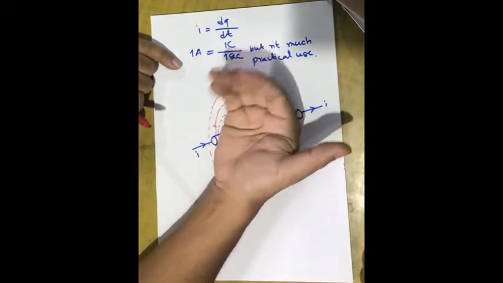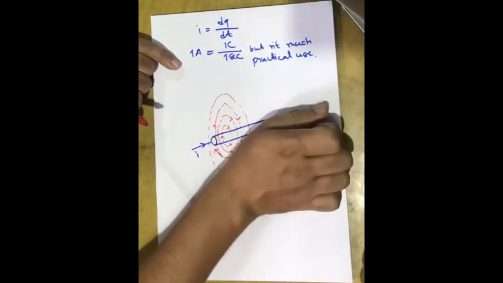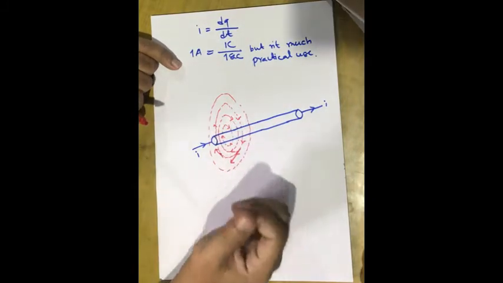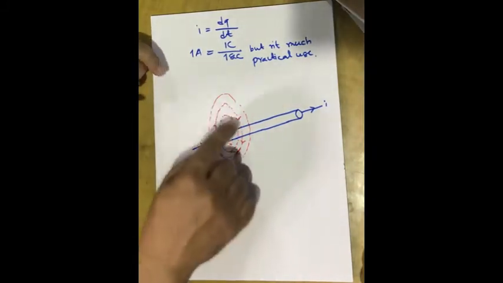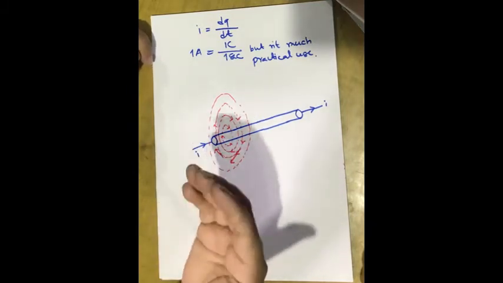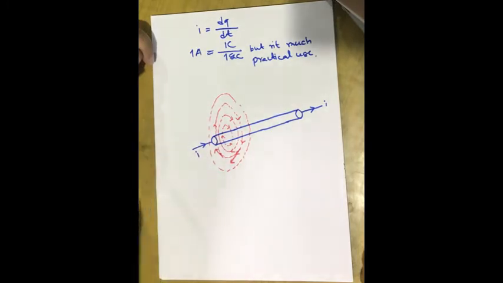This direction will tell you whether it is clockwise or anti-clockwise. Curling your fingers will give that direction.